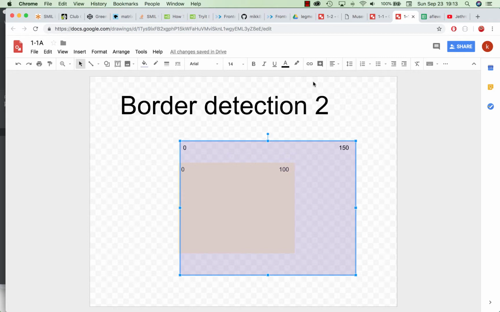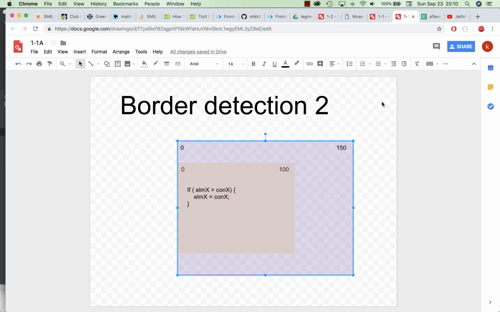So the code may look like this. Sorry, my tab isn't working. If element x is greater than container x, then the element x will be reset to the container x. This should take care of this border, the left one.